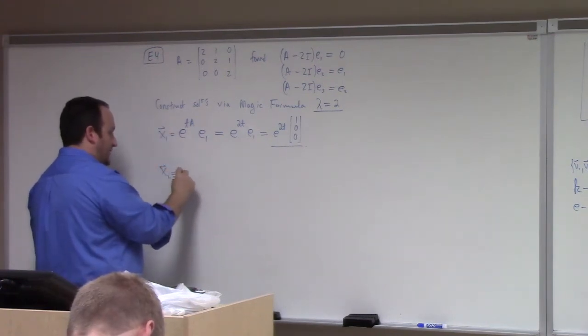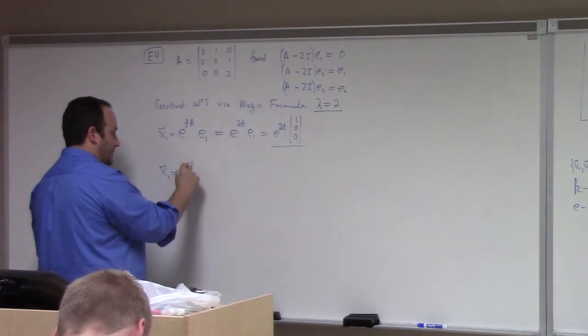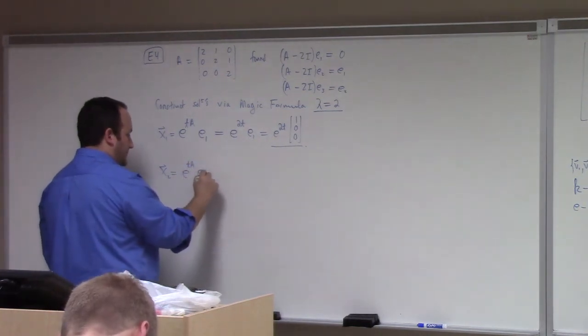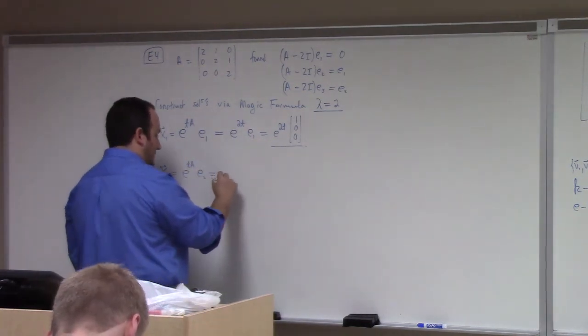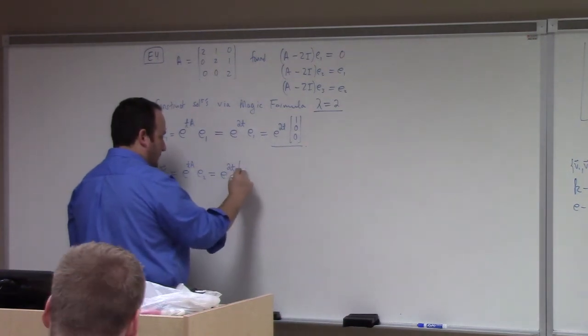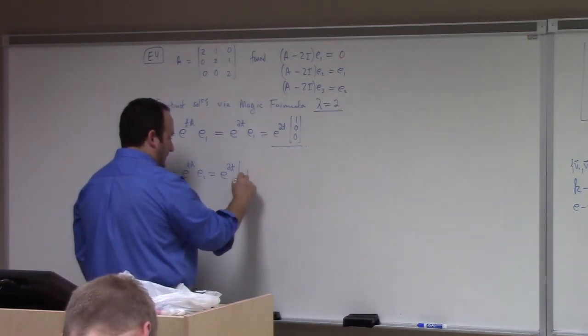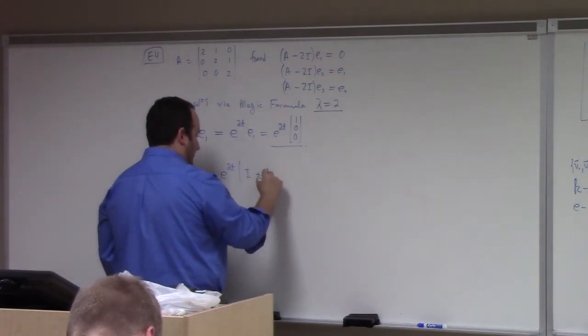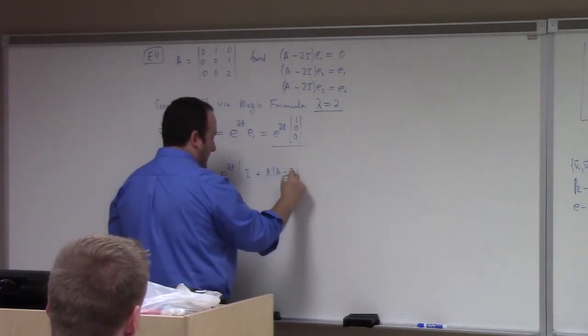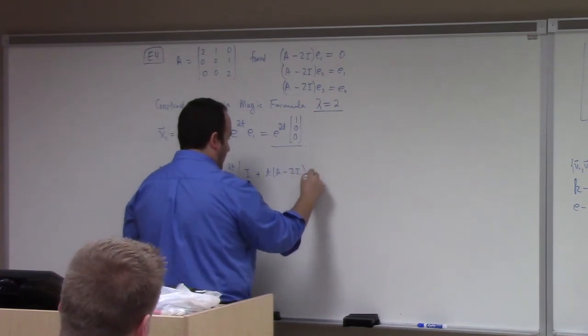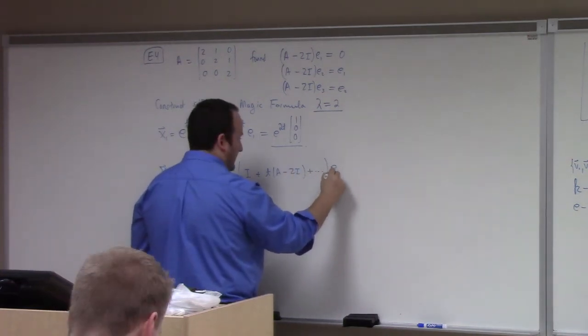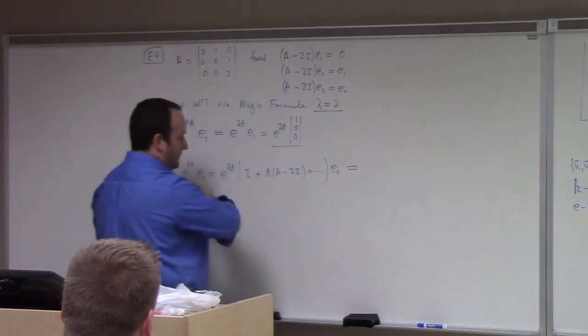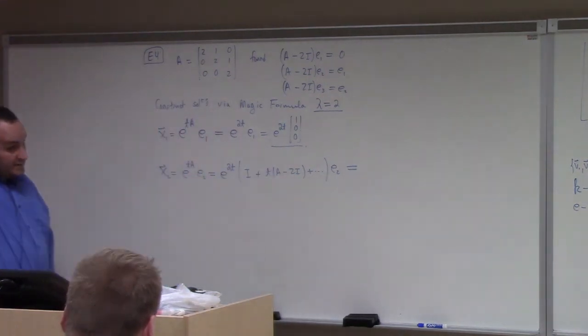For x2, I should take e to the tA times e2. More specifically, that is e to the 2t times (I plus t times (A minus 2I) plus dot, dot, dot) multiplying e2. What happens when we multiply this by e2? That simplifies.